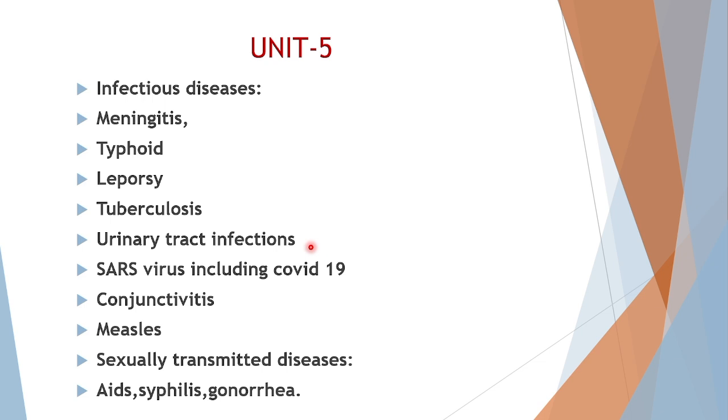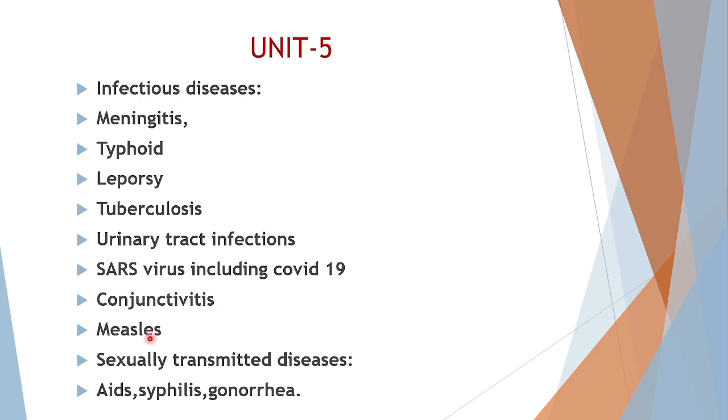The infections which occur in the urinary system are called urinary tract infections, okay. Next, SARS virus including COVID-19, okay. Next, conjunctivitis. Conjunctivitis is the inflammation of the conjunctiva, meaning the eye part. Conjunctivitis is also called pink eye disease.